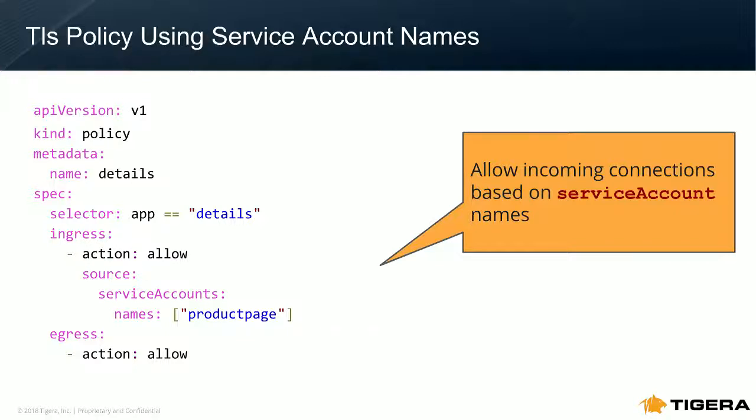Now, the interesting thing about the service account is if you're running Istio, then service accounts map to TLS certificates and can be used for mutual TLS authentication. So if you have this policy, not only are we going to match this at layer 3, layer 4, part of the match is going to be not only are you a Bob, but also you have a service account attached to you named product page, and that drives MTLS authentication.